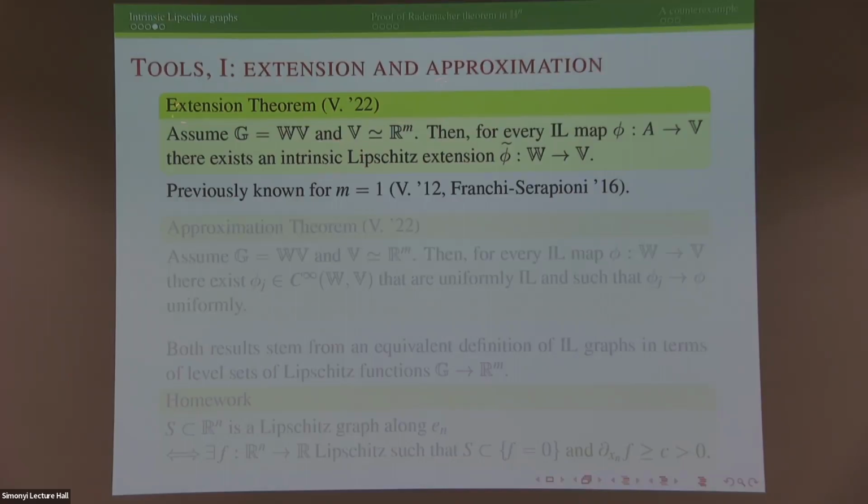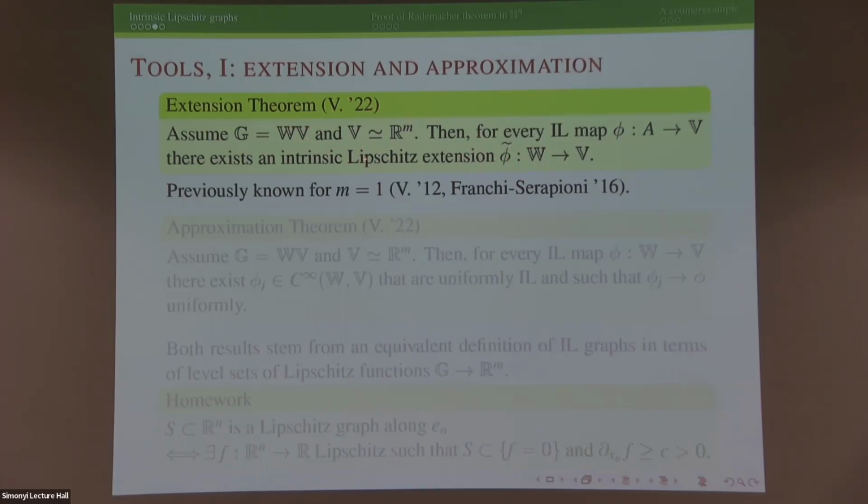So the first is an extension theorem, as I said. Every intrinsic Lipschitz map which is defined only on a subdomain A can be extended to some intrinsic Lipschitz phi tilde, defined on the whole of W. Actually, what I told you is wrong.